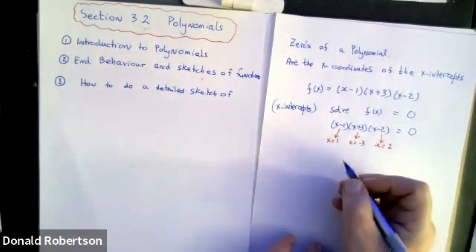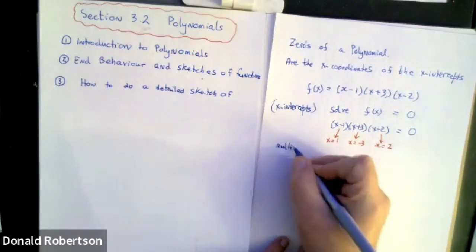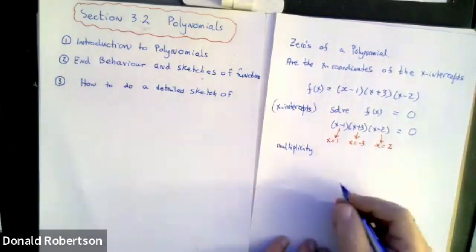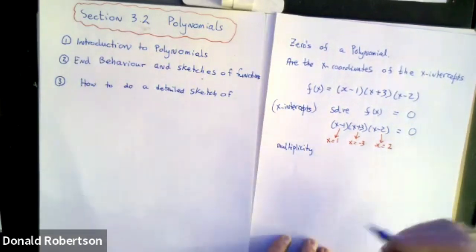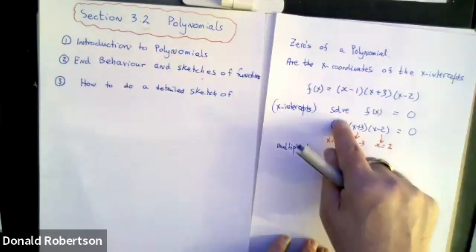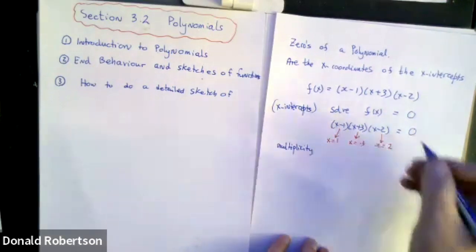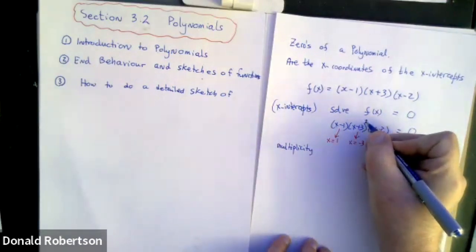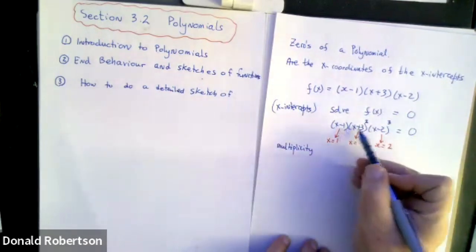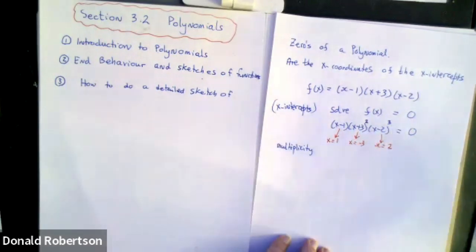And I'm going to introduce a new term. It's called multiplicity. And multiplicity is essentially how many times does x equals 1 give you an x-intercept? Well, it's pretty clear here. There's 1. But let's just pretend that that was 2 and this was 3, right? So it's x minus 1 times x plus 3 squared times x minus 2 cubed.